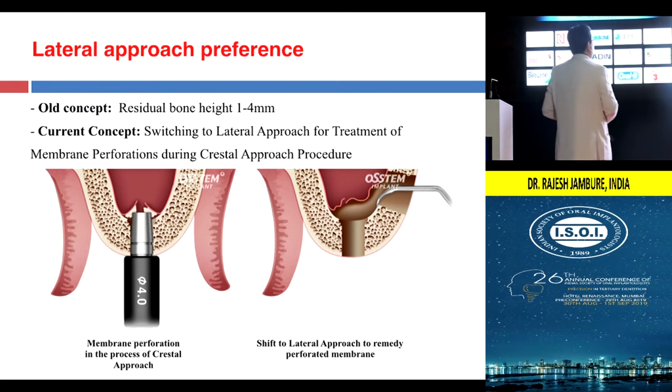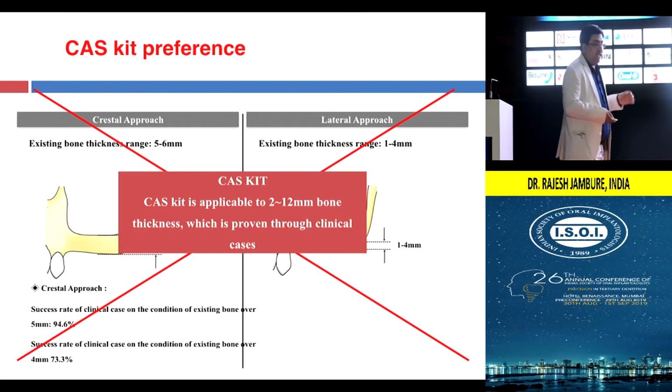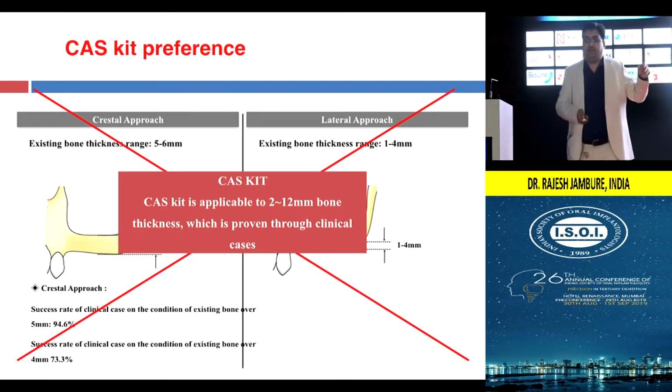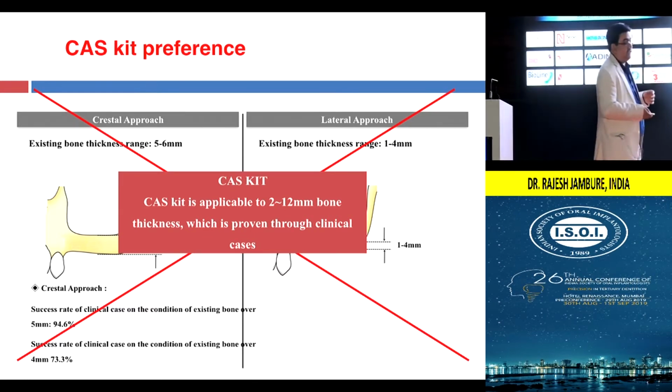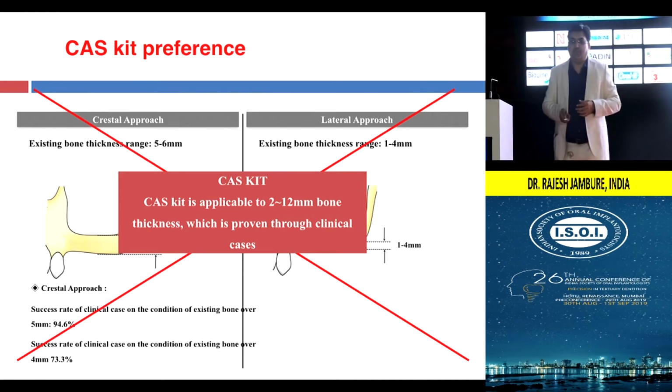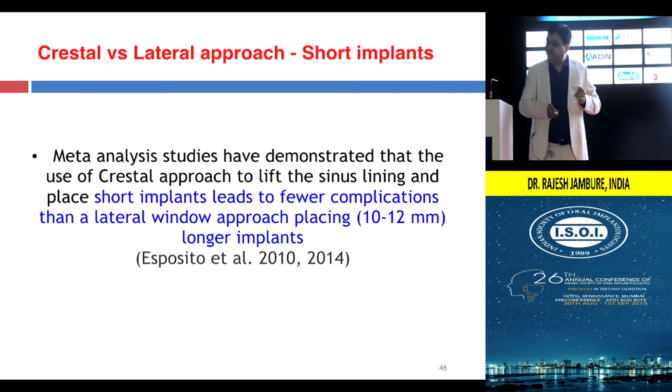These are some of the recent preferences, and even Dr. Cho, who is the inventor of this gasket, says that above 2 millimeters you can even try the crestal approach, and there is no harm in trying the crestal approach with this particular kit.